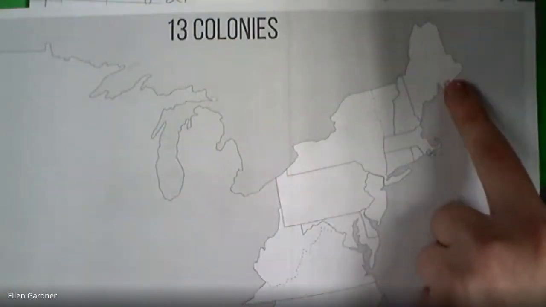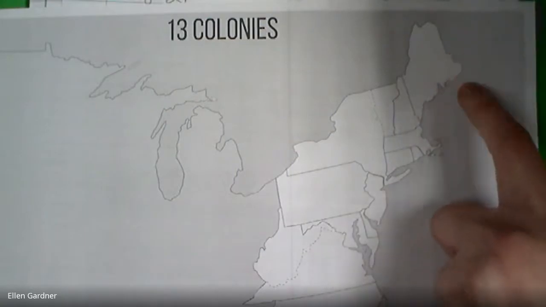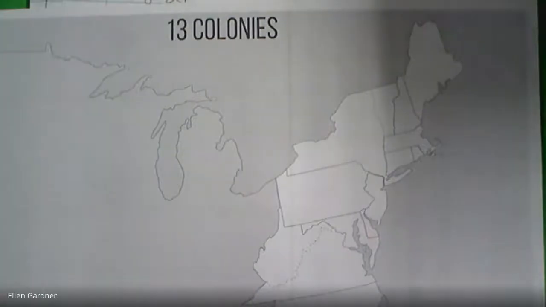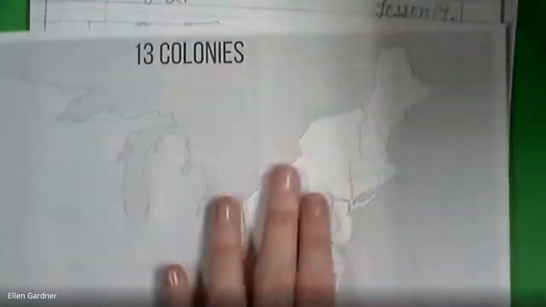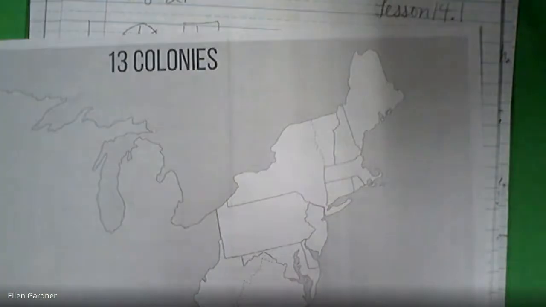So for example, this is the main difference. This is not going to be called Maine, it's Massachusetts, even though now this is the state of Maine. So we are going to be going along with the actual names that they had at the time that we're learning about. So the first one is Massachusetts.